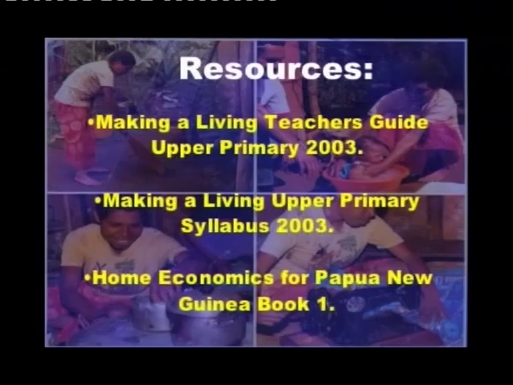Making a Living Upper Primary Syllabus. And the last one. Home Economics for Papua New Guinea. Okay, to the receiving school teachers, you get a lot of information on all the different types of stitches in the last resource, which is the Home Economics for Papua New Guinea, Book 1.